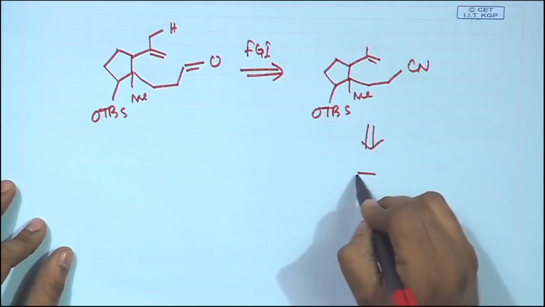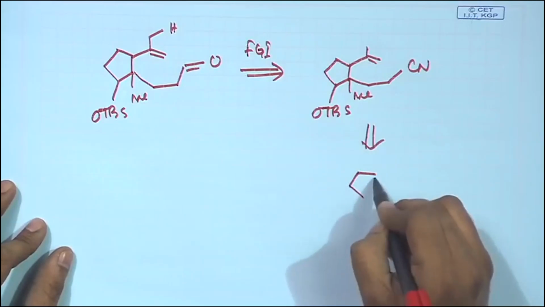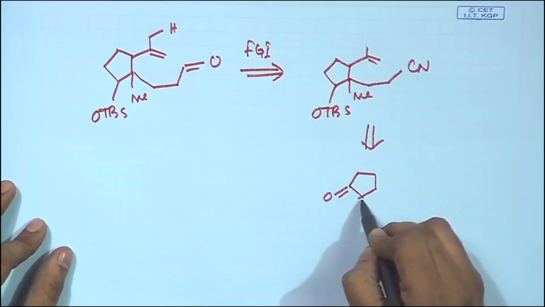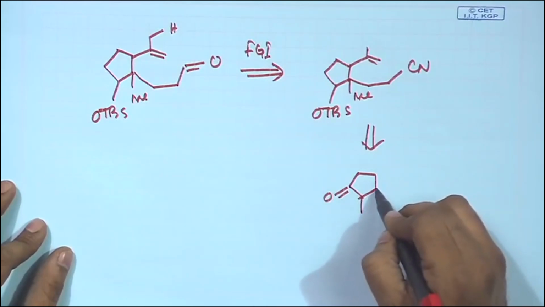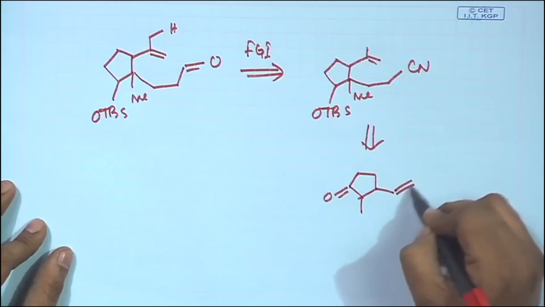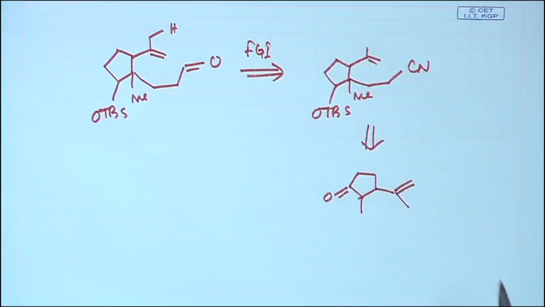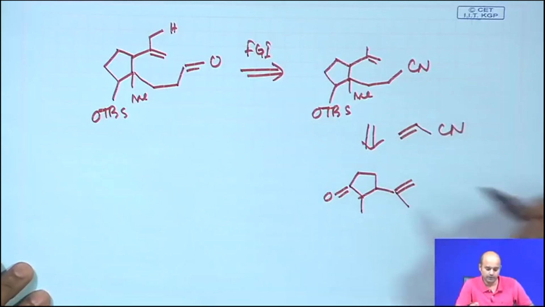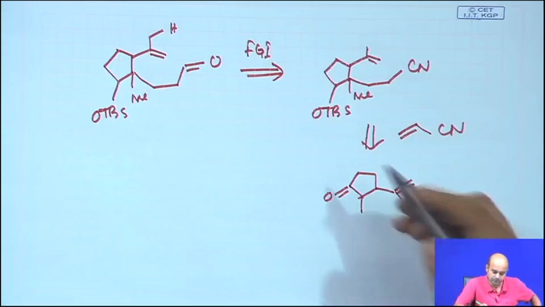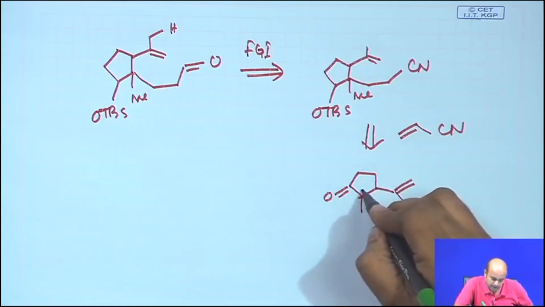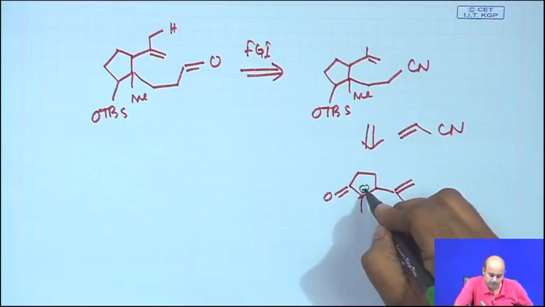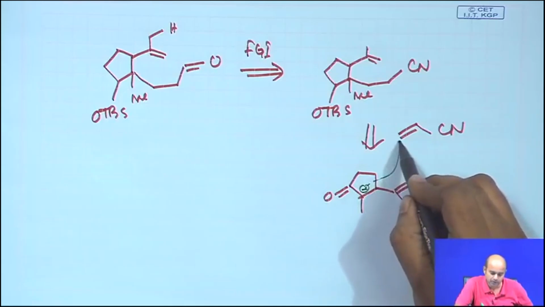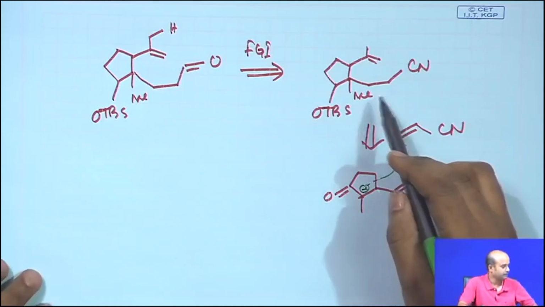Next, what will we do? We will check it. If you have this compound, you have this methyl, and if you have this starting material, we are trying to figure out if you can think about doing a Michael reaction. The Michael reaction with whom? Acrylonitrile. You can generate a stable thermodynamic enolate here, and this enolate will react in 1,4 fashion to give you this compound.